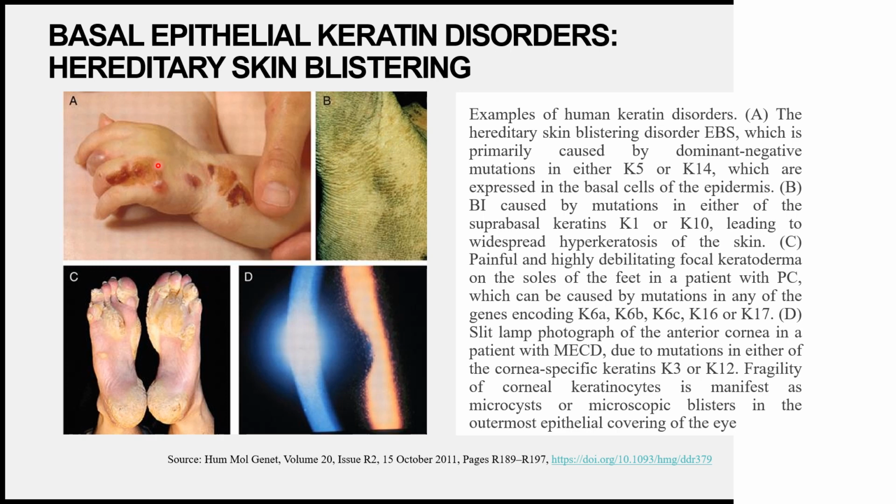The explanation for each of these disorders is stated on the right side. I don't expect you to remember which keratin type is affected by each mutation. This is just provided as an example so you can relate what you have learned earlier to the clinical application or the disorders.